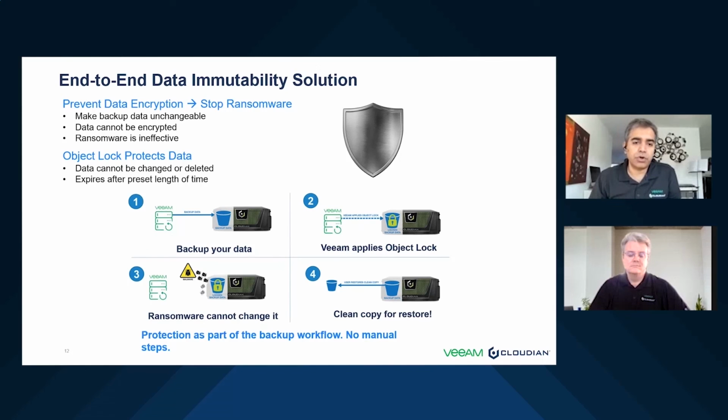This is the point where you also specify how long you want the immutability to last, and all of these parameters are then automatically taken over on the Cloudian side, and a bucket with the set immutability is created, and objects within those buckets are marked with the immutability that you have set, and that's about it.